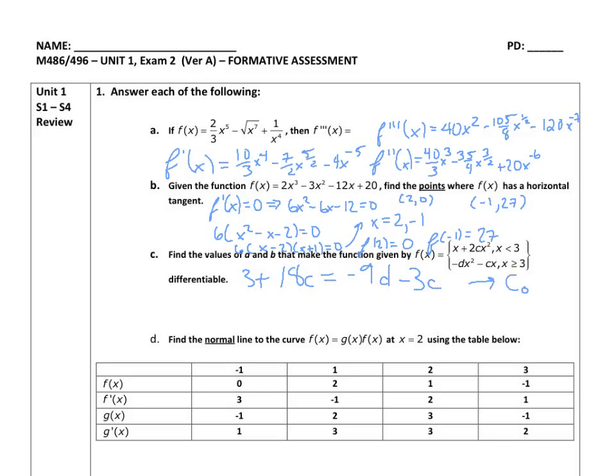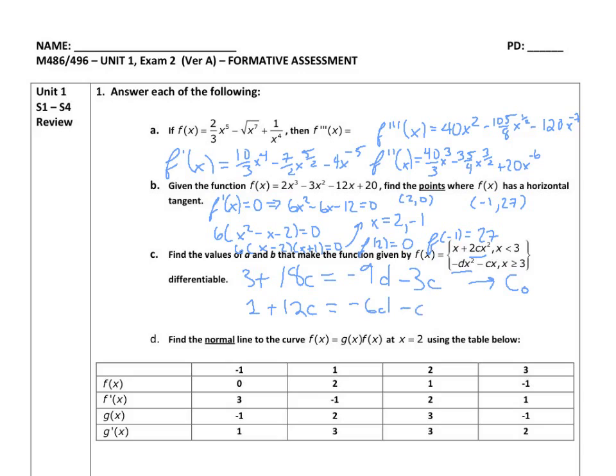So my derivative is 1 plus 4cx, came from the derivative there, 4cx. I'm going to put in 3 there, so 4cx becomes 12c, equals negative 2dx. But I'm going to put in 3 again, so negative 2dx becomes negative 6d minus c.